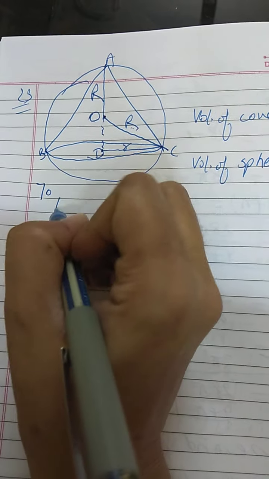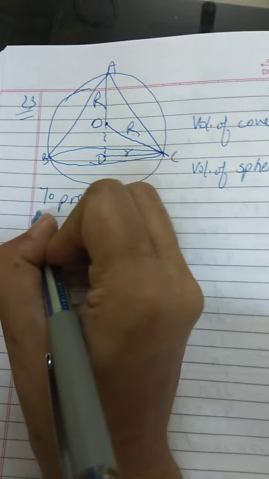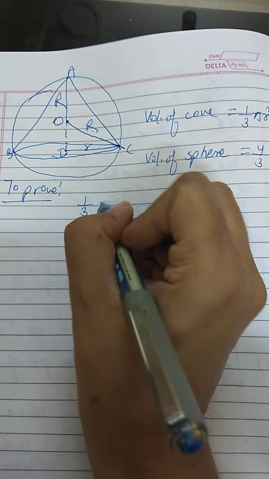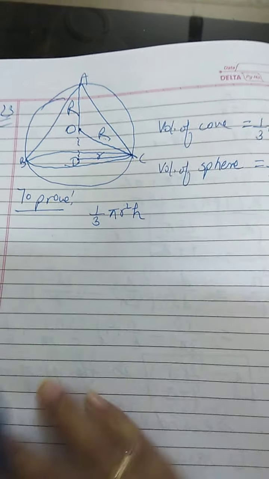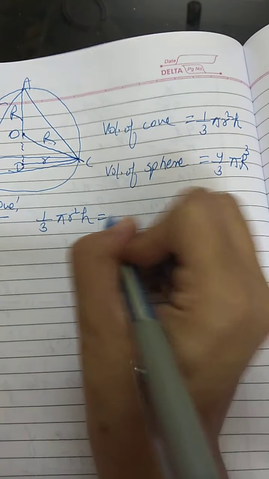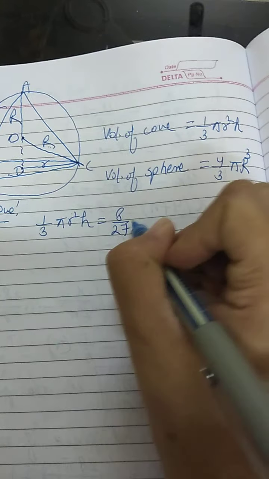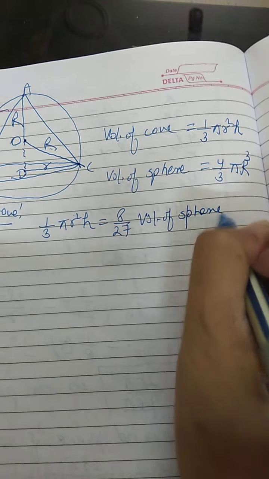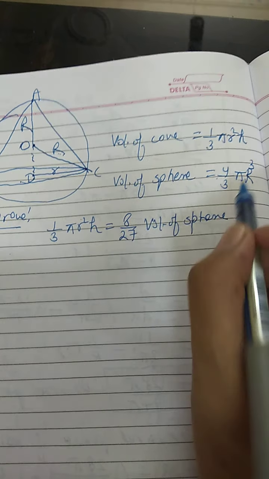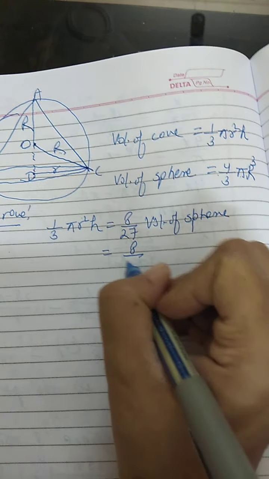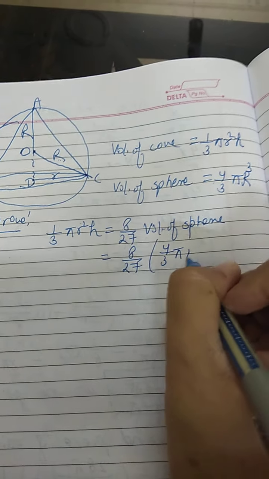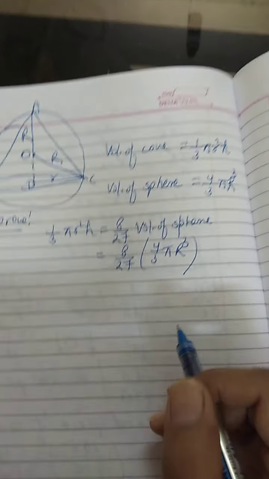That means we need to prove that the volume of cone, that is 1 by 3 pi r square h, is 8 by 27 times the volume of sphere, and the volume of sphere is 4 by 3 pi R cube. That means it should come equal to 8 by 27 into 4 by 3 pi R cube.